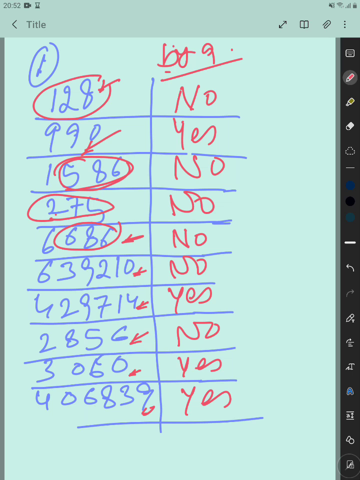Okay, so this is divisibility by 9. Got it? This is the complete solution of divisibility by 9.